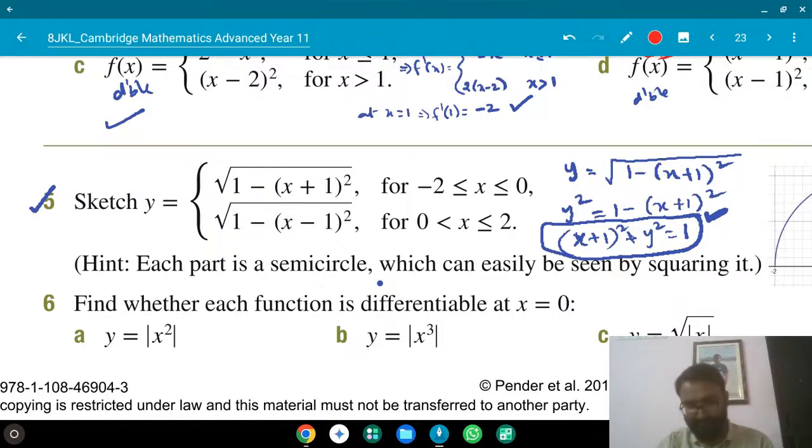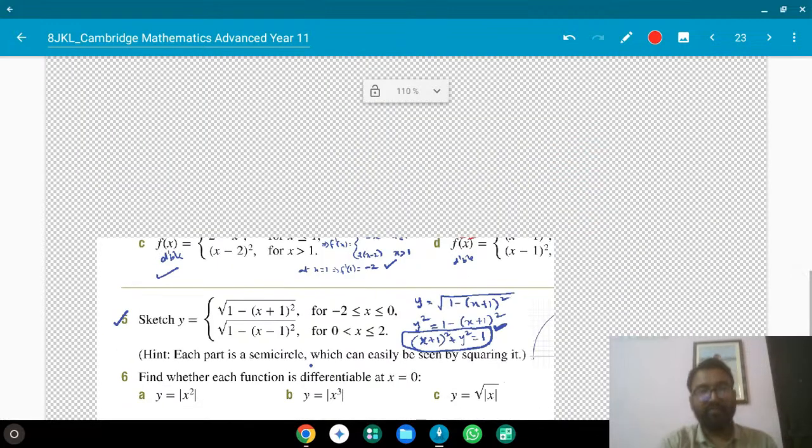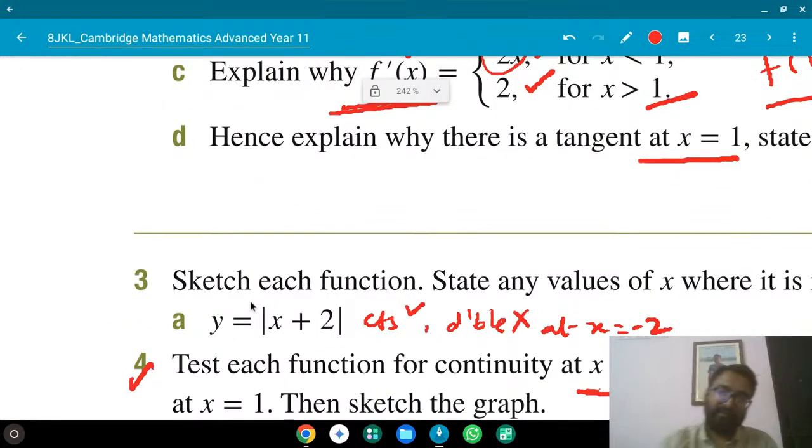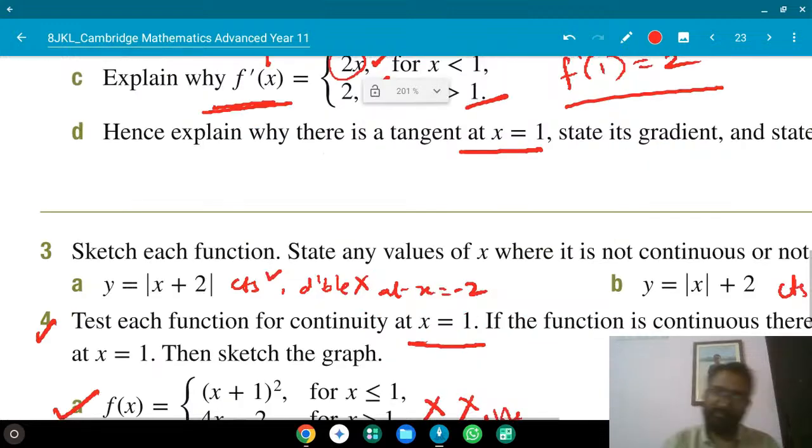Inside the mod, what is the function here?